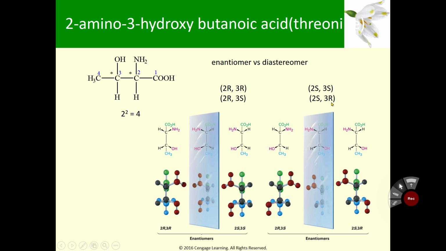That's 4 cases. Because we have R and S in each carbon 2 and 3, we can easily draw the structure like this. For example, if you draw the structure of 2R, 3R, it will be like this. Also, this is going to be R, and this is going to be R.